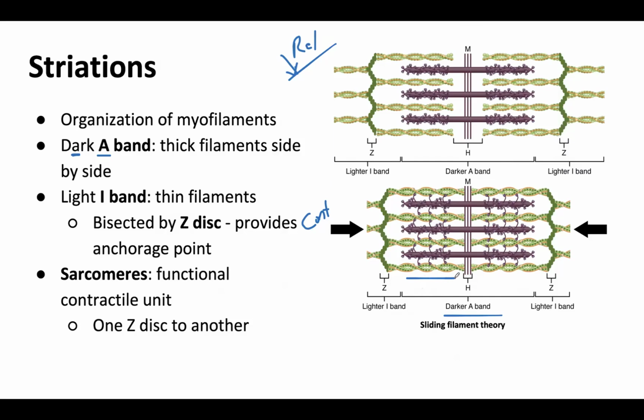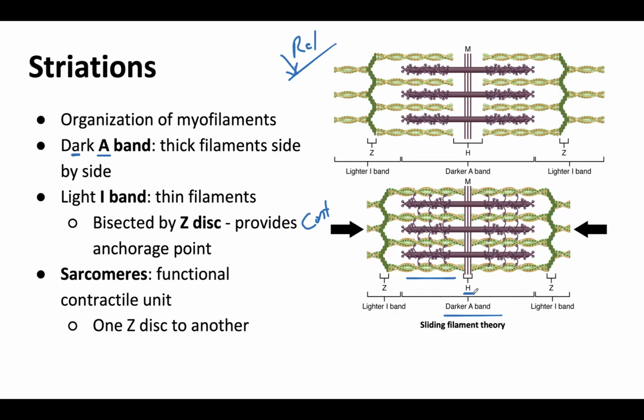And that portion of the A band is going to appear even darker. The middle of the A band has a lighter region, although it's still considered part of the dark portion, called the H zone, where the thin filaments do not reach in the relaxed muscle.